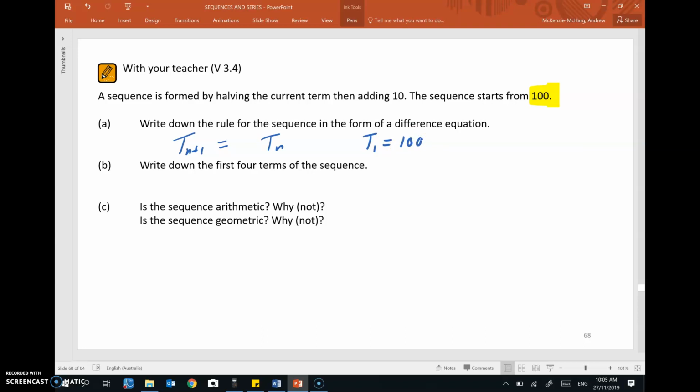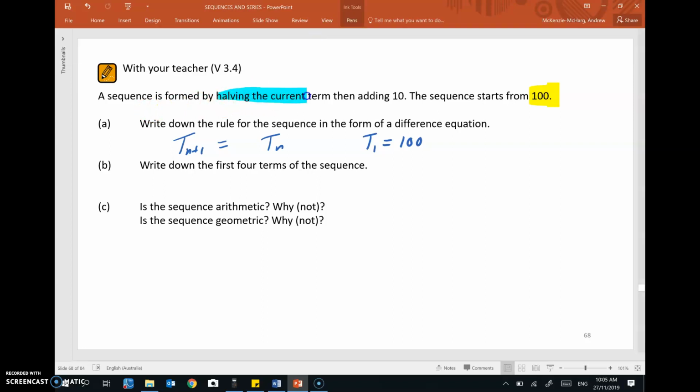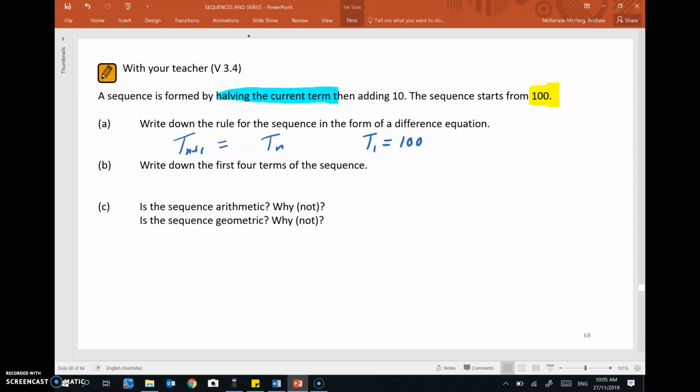Okay, now the sequence is formed by halving the current term. To halve a term, we could multiply by a half or multiply it by 0.5. So I'll put that out the front. We don't need to put a times sign in there. That means times Tn. And then we're going to add 10, so we add 10 to that. And there is the difference equation.